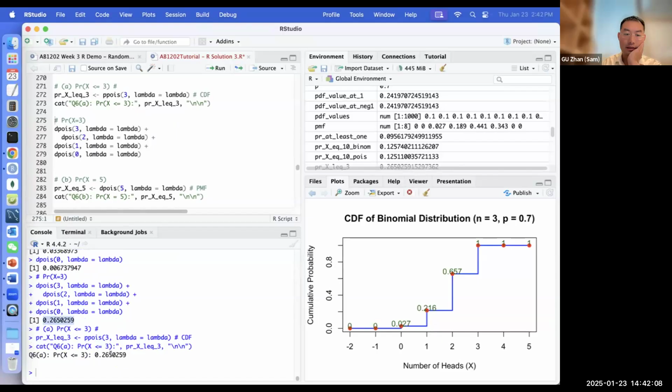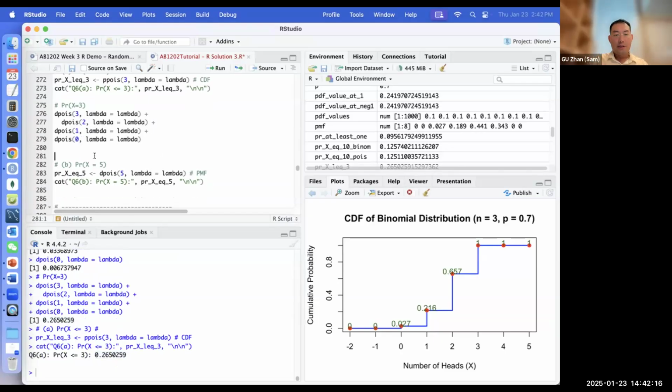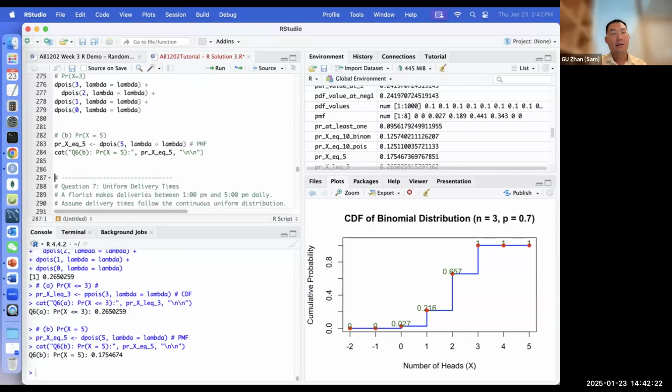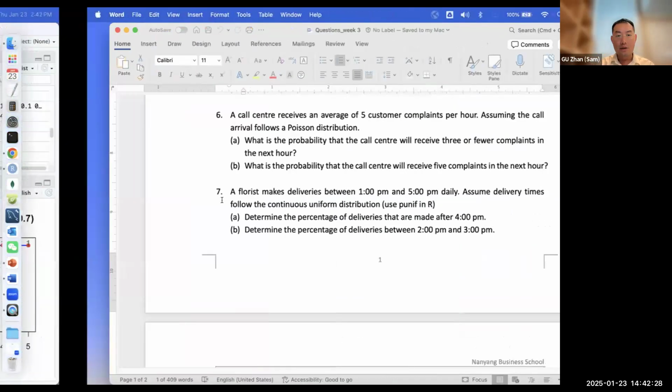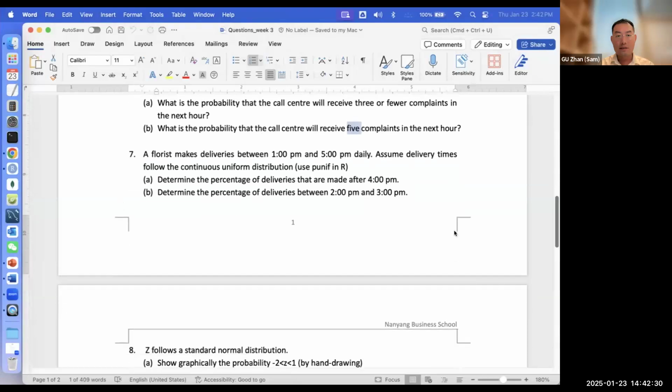So they are the same, right? They are the same. So you add them together: 0, 1, 2, 3. Next is P of X equal to 5. Now, with lambda equal to 5, you have the probability of about 17.5%. Then we look at question 7.